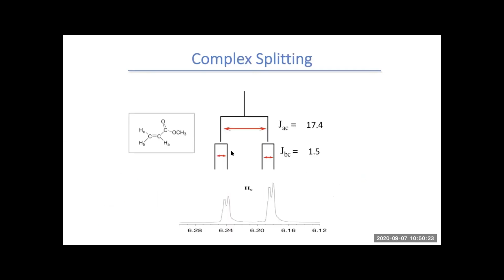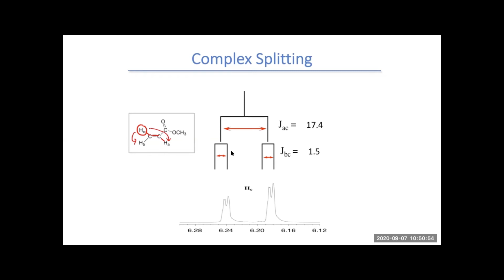And so let's look at an example of a real NMR with the N+1 rule. With our methyl acrylate, if we examine HC, HC has HB next to it, and then we can see 1, 2, 3 bonds away is HA. So that means HC in our NMR spectra sees HA and HB.